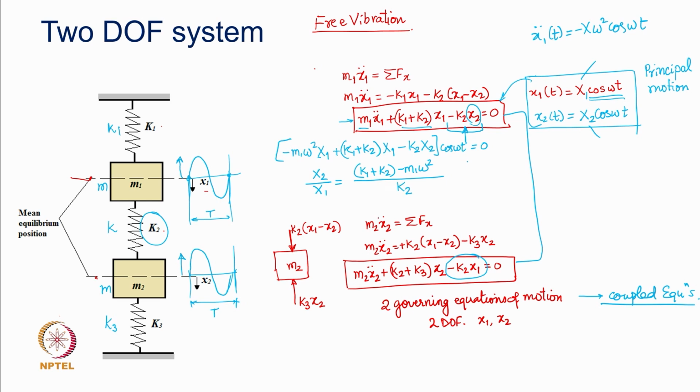Or I can write vice versa, the ratio of the two amplitudes X1 upon X2 as minus K2 over K1 plus K2 minus m1 omega square.